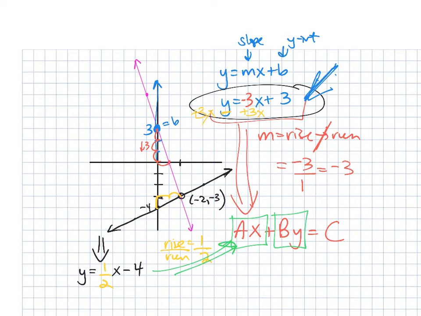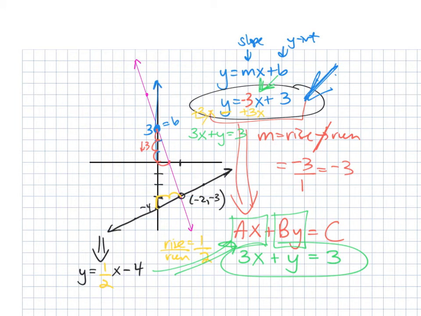Okay, and so then this is 3x plus y equals 3. And now that's in standard form. 3x plus y, it's 1y, we don't have to write the 1, equals 3. Where a is 3, b is 1, and c is 3. So that's all you have to do, you just move the x term over to the other side.